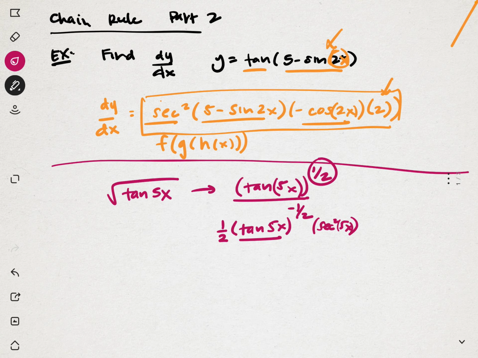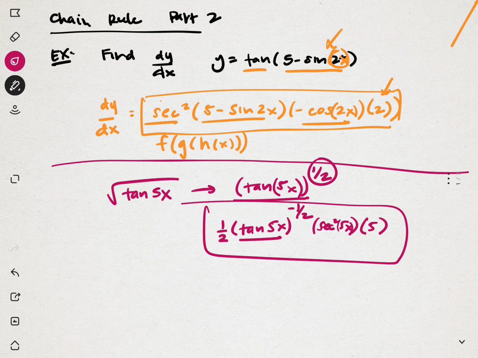But then we have this other inside here, so we got to do the derivative of that, which is 5. And technically you can leave it like this. If you don't want to leave it like that, then we can do 5 secant squared 5x, right? Just rearranging the stuff here.